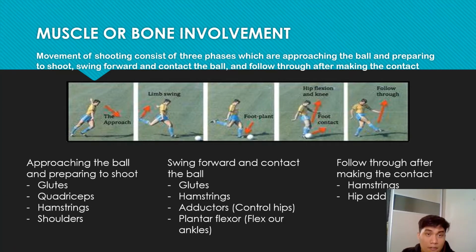For the first phase, the muscles or bones involved are glutes, quadriceps, hamstrings, and shoulders. For the second phase are glutes, hamstrings, adductors that control hips, and plantar flexors that flex our ankles, and for the third phase are hamstrings and hip adductors.